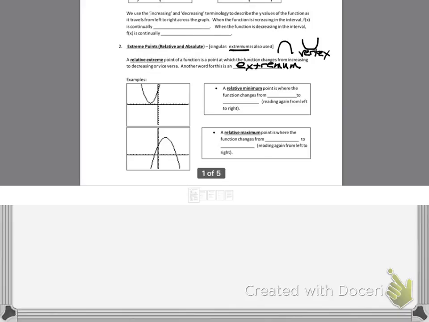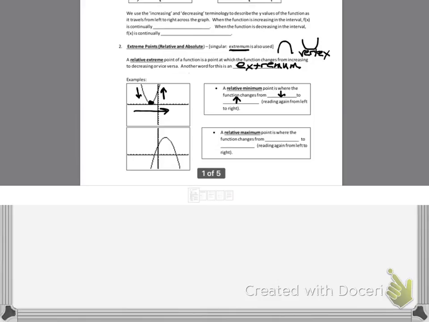The function is decreasing on this side and increasing on this side as you move from left to right. So a relative minimum, which is what we have here, right at this point, is a point where the function changes from decreasing to increasing.